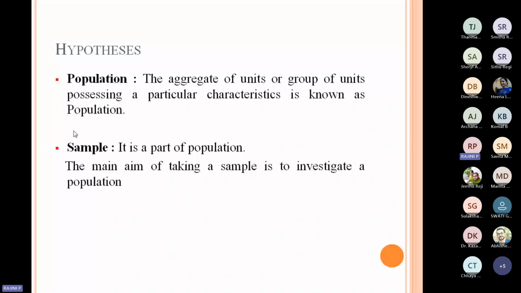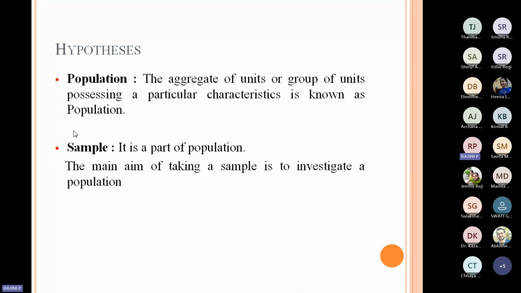For example, here all 30 members are faculty members only, so the characteristic of the population is faculty. All the units possess the same characteristics. That is called the population.